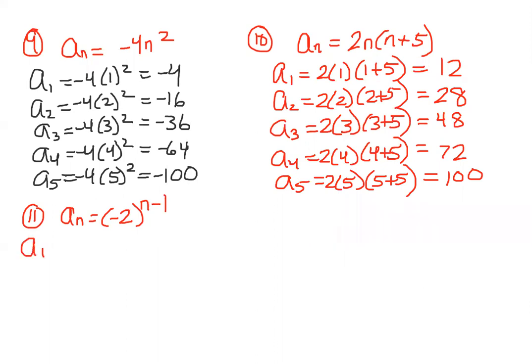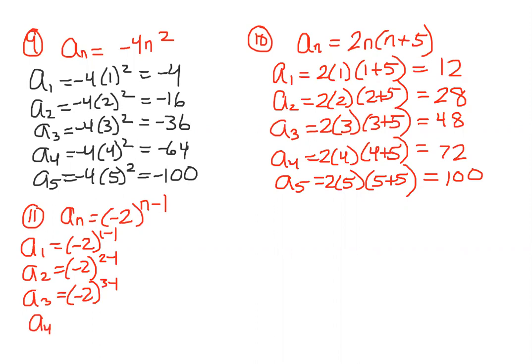So we have a1 is -2 to the 1 minus 1, a2, 2 minus 1, 3 minus 1, 4 minus 1, and 5 minus 1.